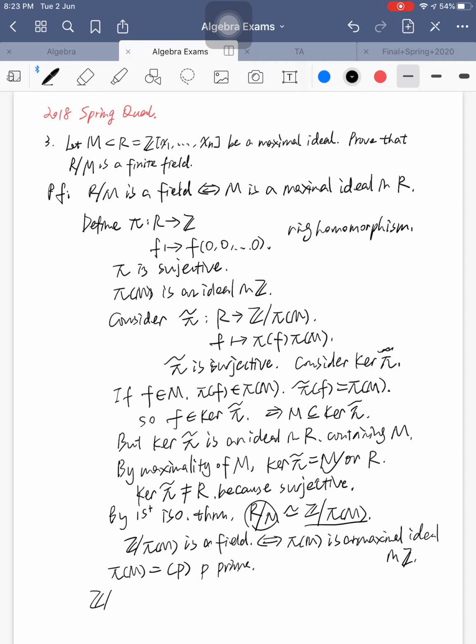Therefore, Z/pi(M) is just equal to Z/pZ for some prime p, and this is finite. And so it tells us that R/M is also finite. And this completes the proof.